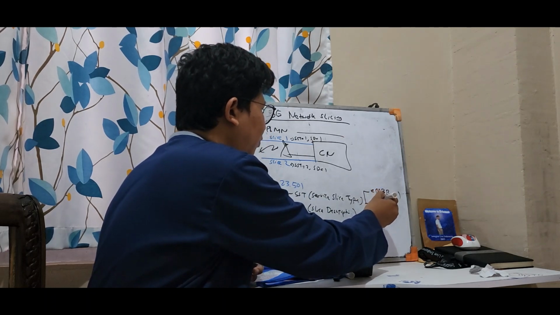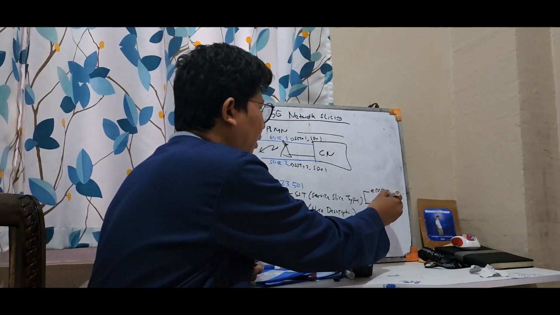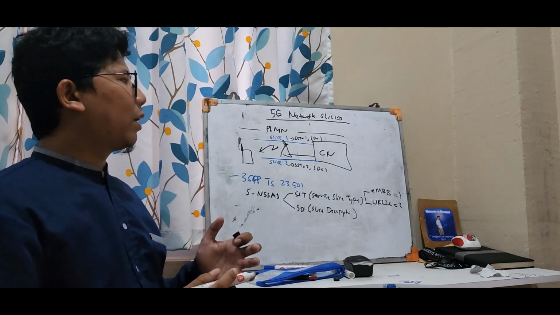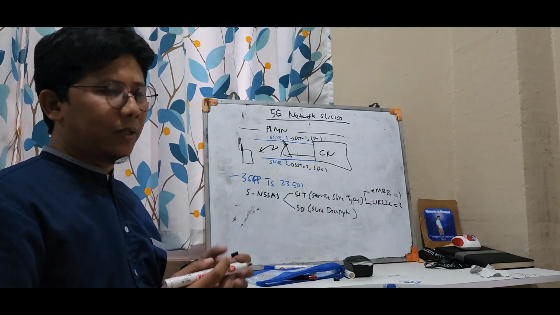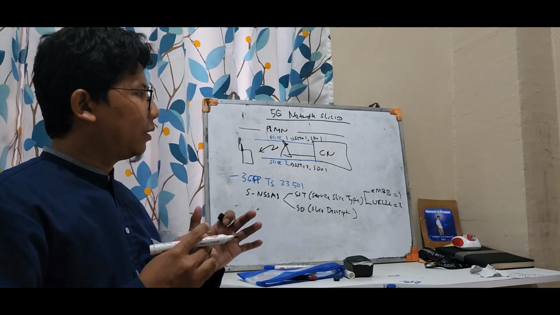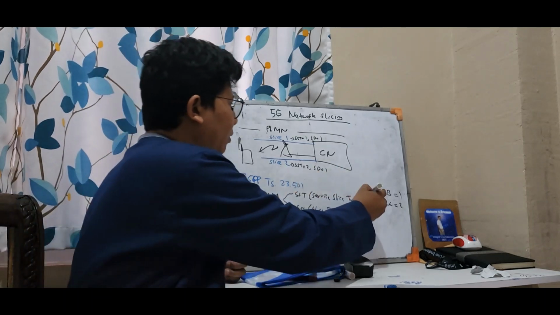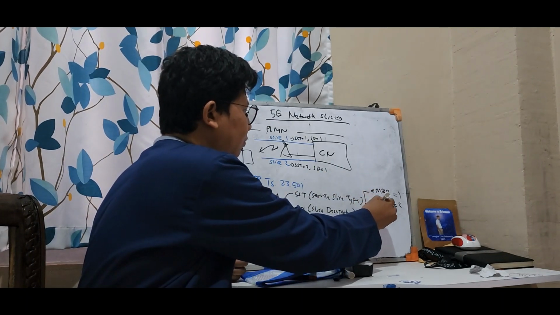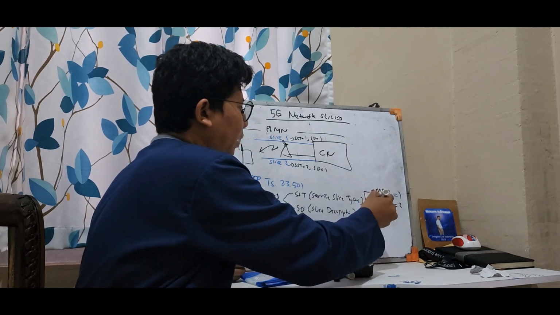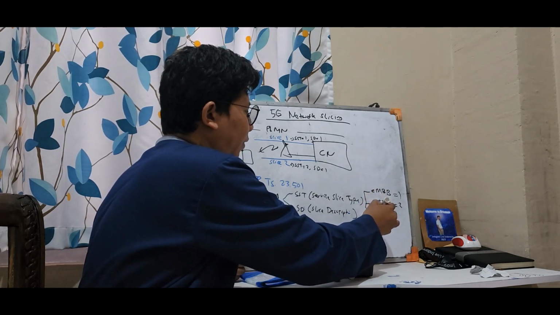And 2 is for URLLC, ultra reliable low latency connectivity. And also there is MIoT, which is for Internet of Things, and vehicles.